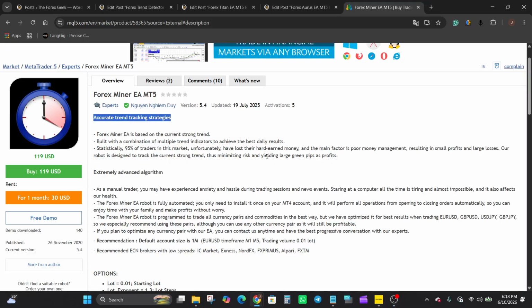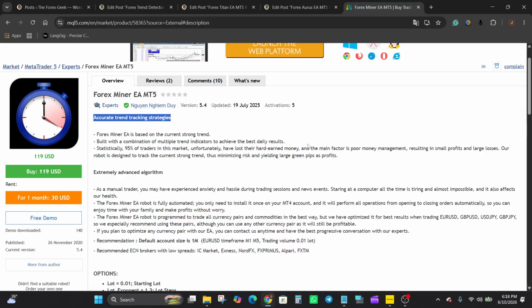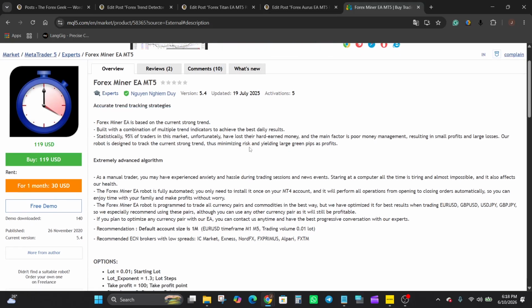The idea here is that it focuses on identifying strong market trends and trying to stay aligned with them rather than reacting randomly to price movement. Scrolling through the description, it emphasizes that the system is fully automated, meaning once installed, it handles trade execution from entry to exit without manual intervention.